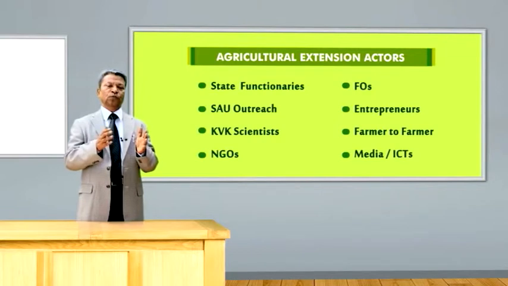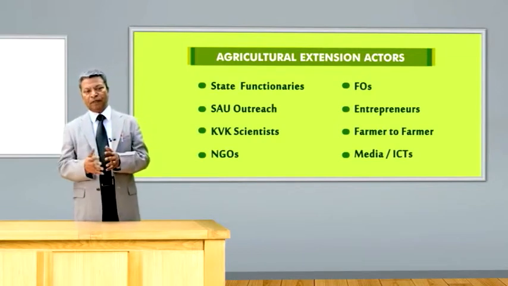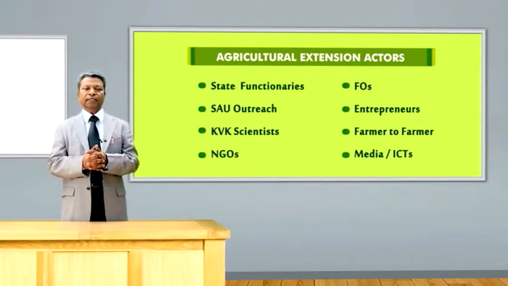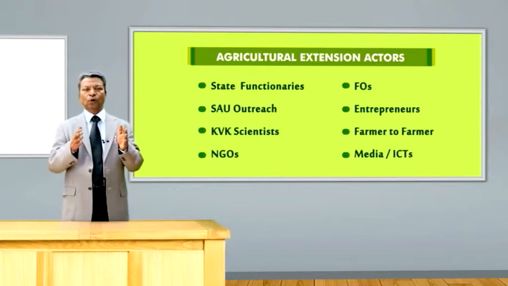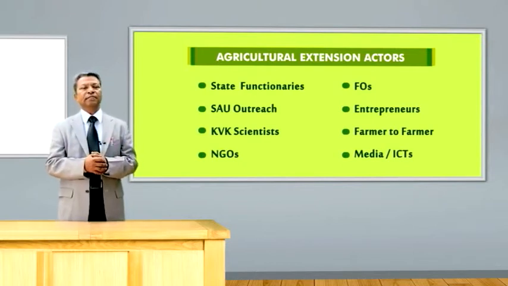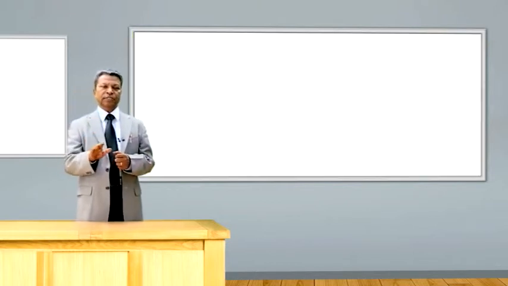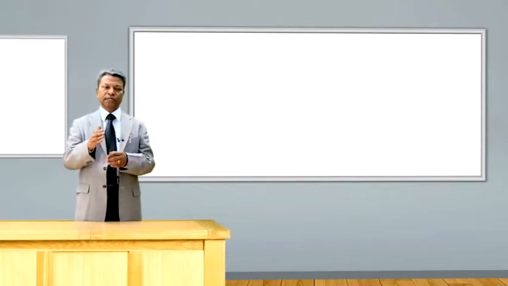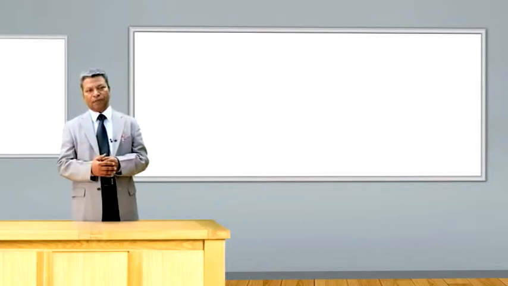Extension also moves from one farmer to another farmer, and media and ICT techniques are also supplementing agricultural extension. Here, I just want to mention that there are a large number of actors, a large number of stakeholders in the agricultural extension process.